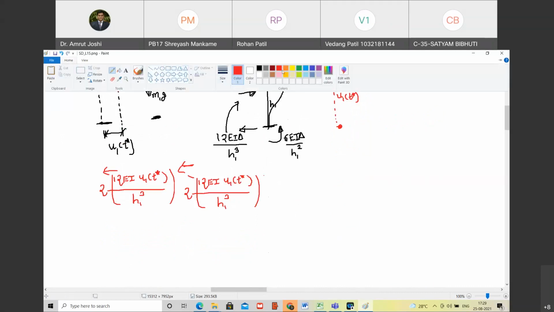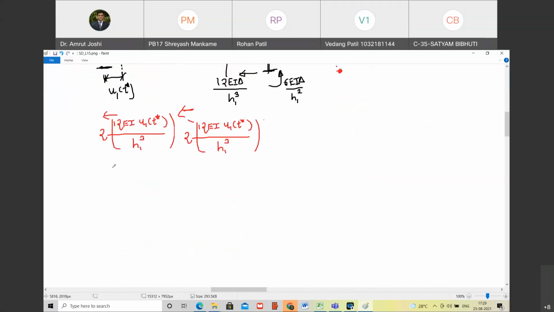Yes, sir. So I am going to write down the magnitude of this green lines. Each of this green line will correspond to a force of 12 EI, U2 of T star minus U1 of T star, divided by H2 cube.